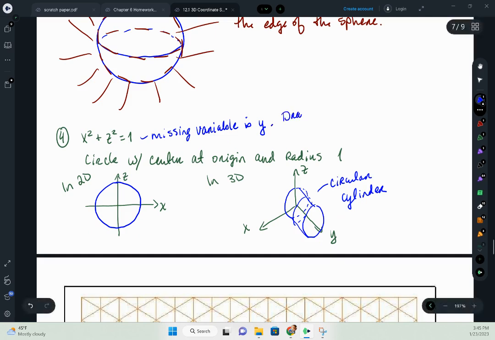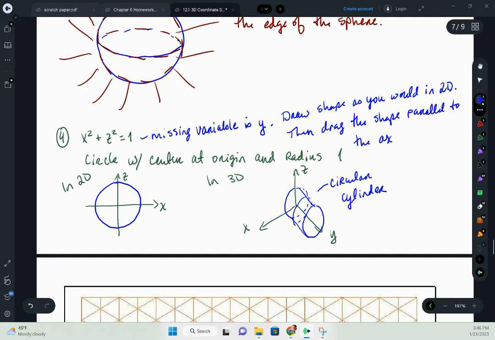So draw a shape as you would in 2D. Then drag this shape parallel to the axis of the missing variable.